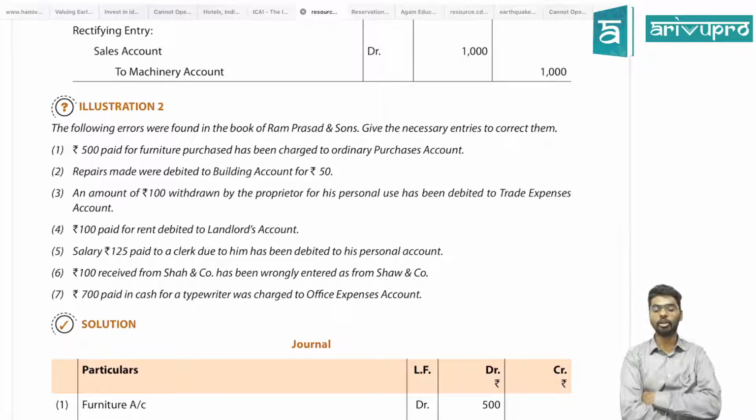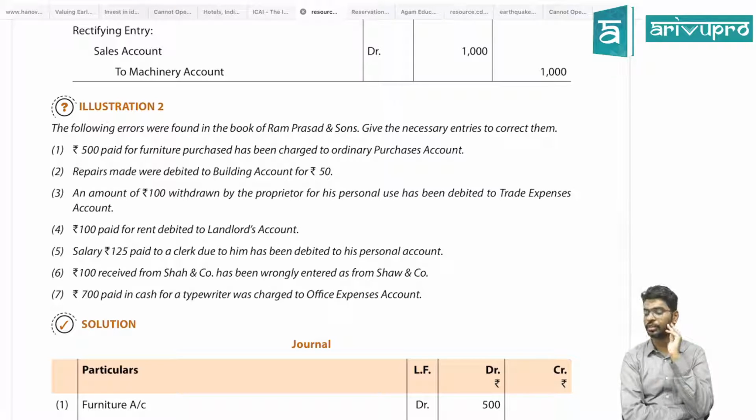Okay, amount withdrawn by proprietor for his personal use has been debited to trade expense account. Correct entry? Drawings account debited to cash account.